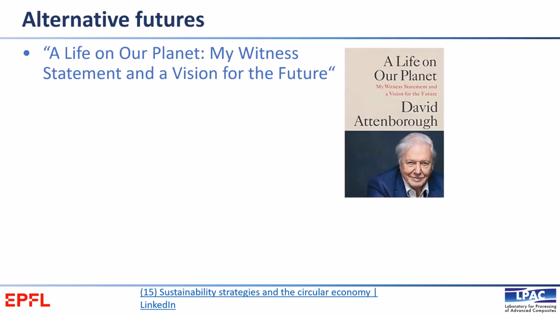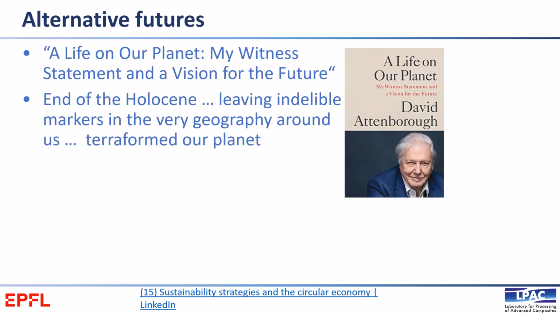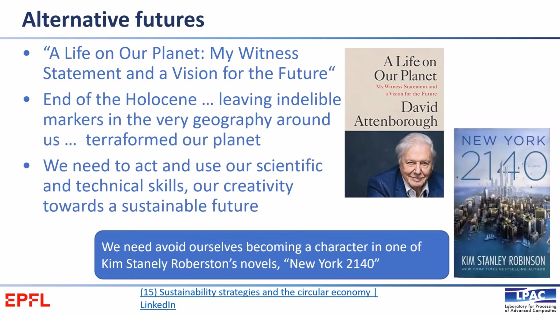So we come to alternative futures, and this is the famous naturalist David Attenborough, who's been around the world. He has lived to be about 90, and he saw countries 30 years ago, in 2010, and he's seen the degradation. And he gives this vision for how to change it, which we need to do. We need to try and change the way we're affecting the world around us.